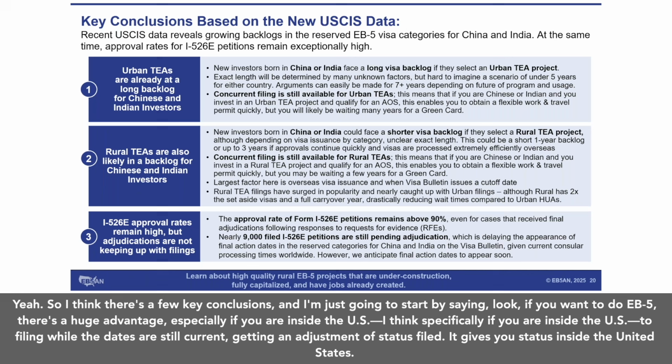Yeah, so I think there are a few key conclusions. I'm just going to start by saying, if you want to do EB-5, there's a huge advantage, especially if you are inside the US, to filing while the dates are still current. Getting an adjustment of status filed gives you status inside the United States.